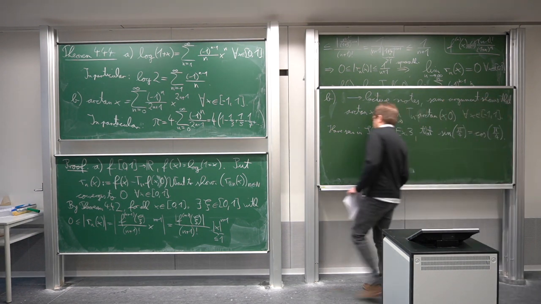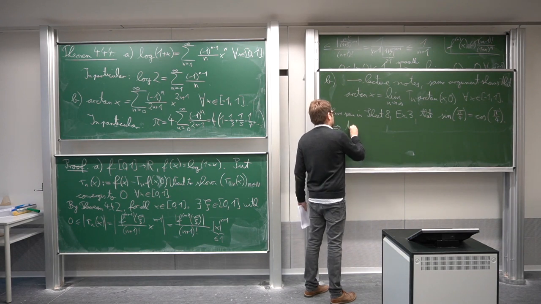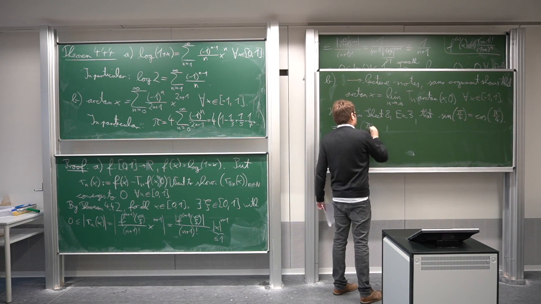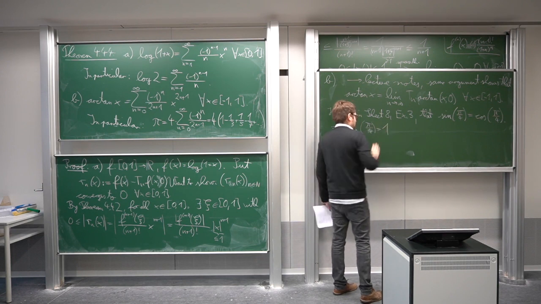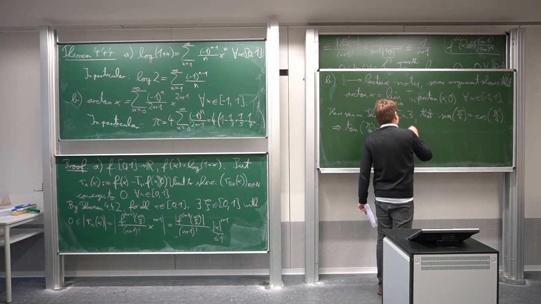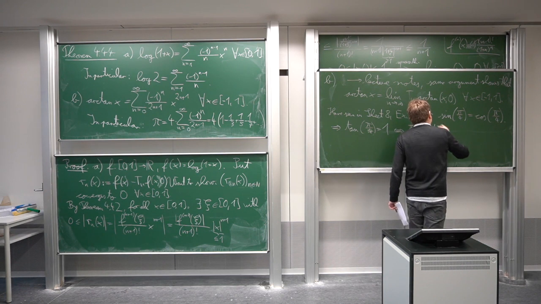So by definition of the tangent, this is the sine divided by the cosine. So this means the tangent of pi over 4 is equal to 1. Since the arctangent is just the inverse, this means that pi over 4 is arctan of 1.